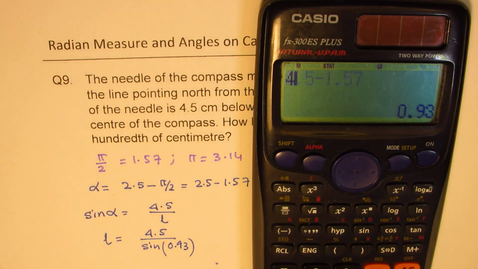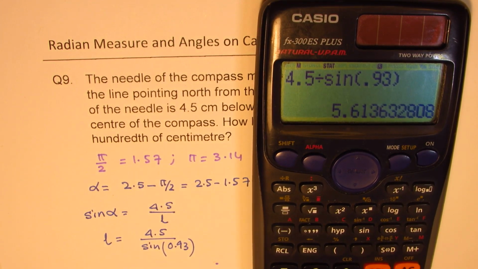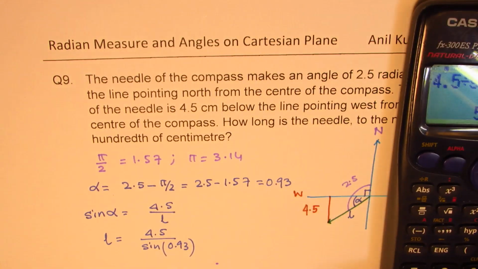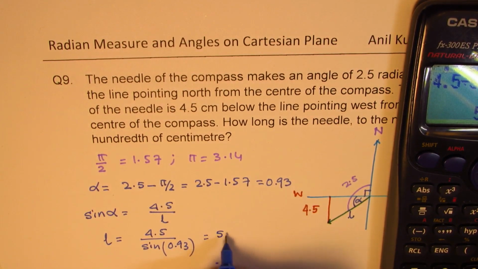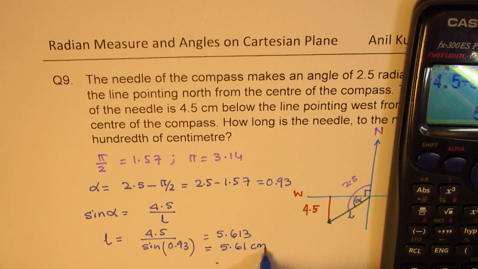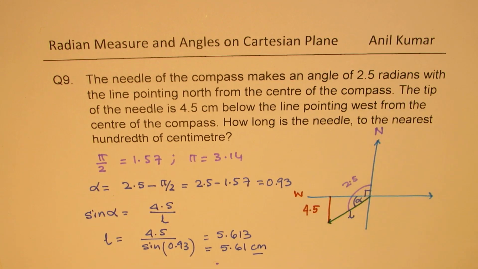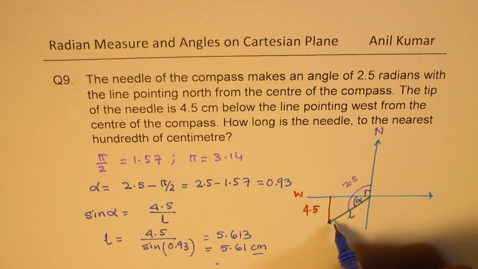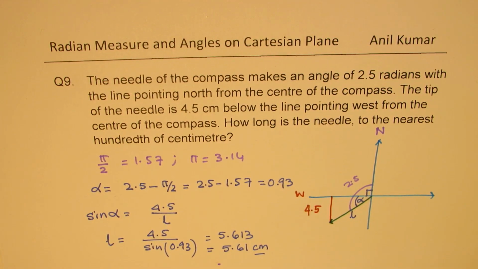So we have 4.5 divided by sine of 0.93, which is 5.613, correct? We have to round our answer to the nearest hundredth of a centimeter. So that means 5.61 centimeters, right? So that becomes the length of this particular needle. So I hope that is absolutely clear.